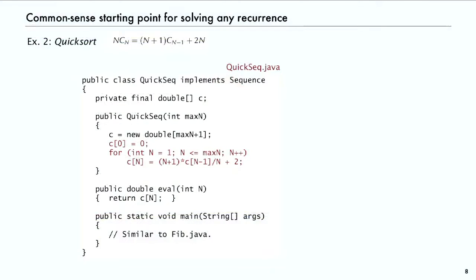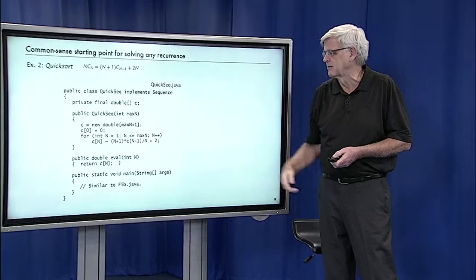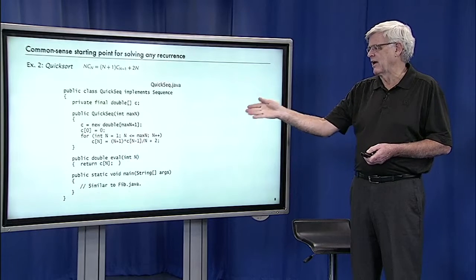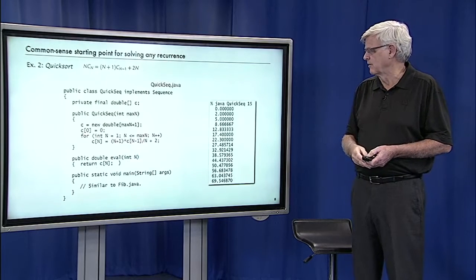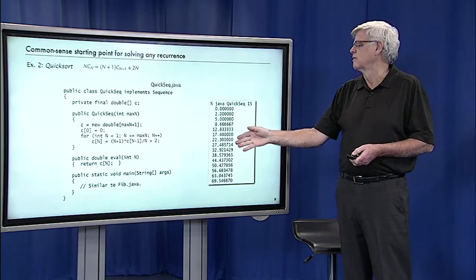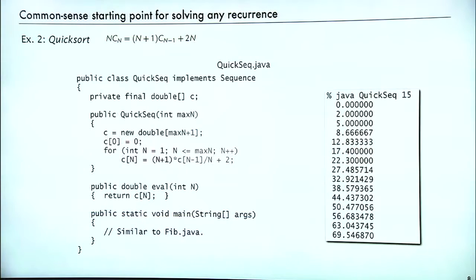Using that version of the recurrence, we can, in the constructor, create an array and fill it up with the first n values just using that recurrence. So it's just dividing by n. And then eval will give us the value of that recurrence. So the same code will print out the first 15 values of the quicksort sequence in that way.